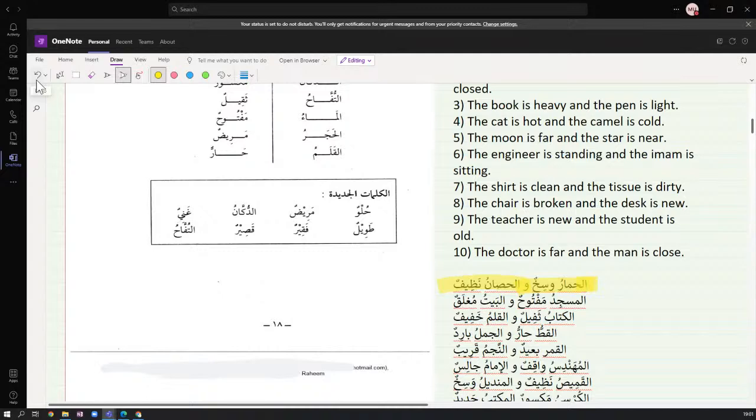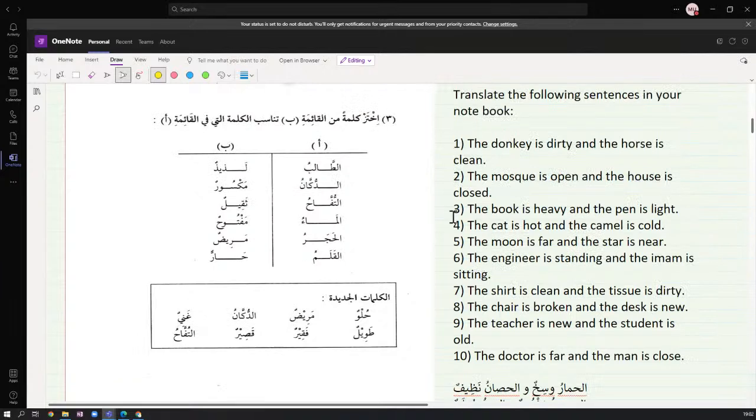So obviously when you're marking, make sure that the nouns end with either one dhamma or two dhammas. So it's الحمار وسخ والحصان نظيف.